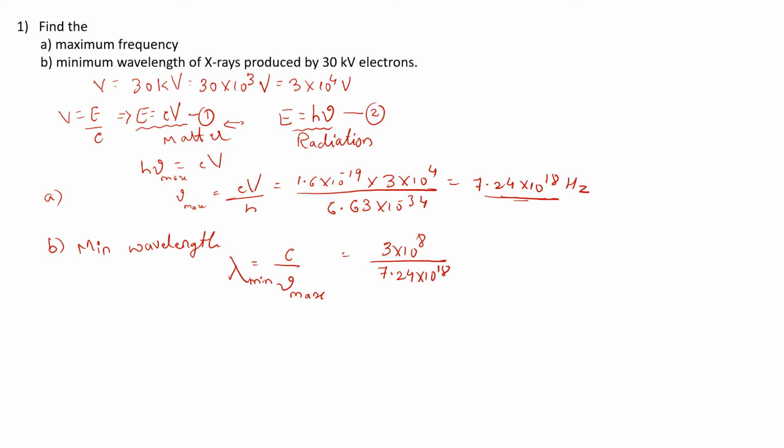If you calculate this, you will get the minimum wavelength as 0.41 into 10 raised to minus 10 meter, or you can write this as 0.041 nanometer. Both are the same. Got it? This is the first question.